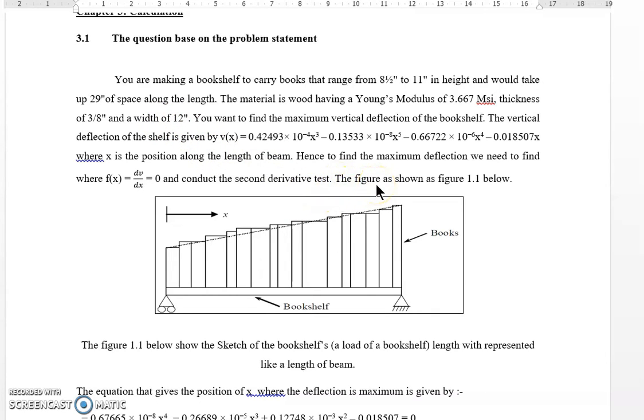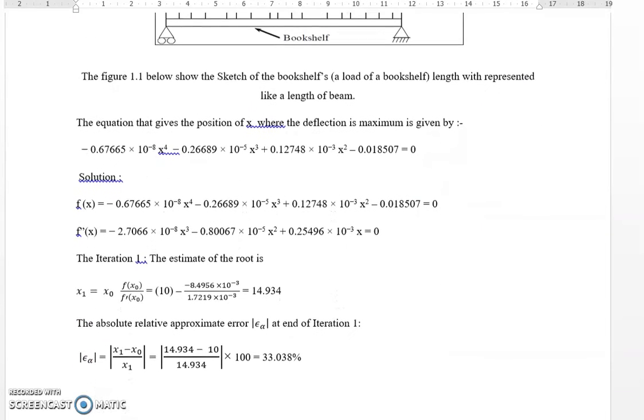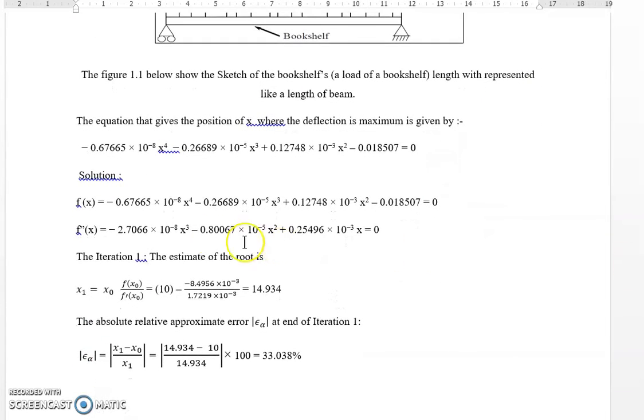So we will find the maximum deflection, but given the equation of V(x), there is an x in it that we need to solve for. The x is the deflection from the roots that we will get. So first, we have to differentiate f(x).